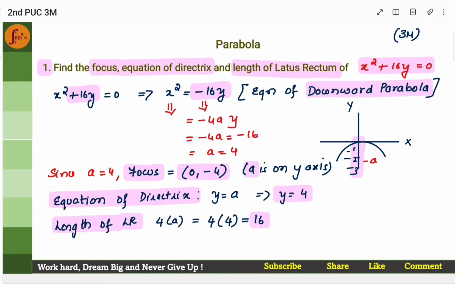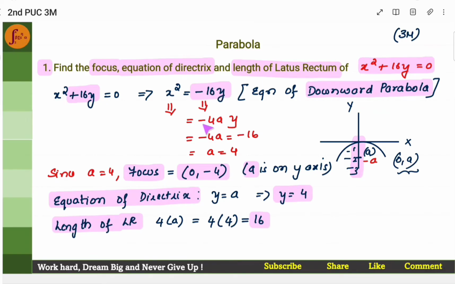Now, what is the focus for a downward parabola? The focus will be on the negative side of the y-axis, because there is y in the equation. So the focus is on the y-axis, 0 and a. Now, from the formula you can find a.